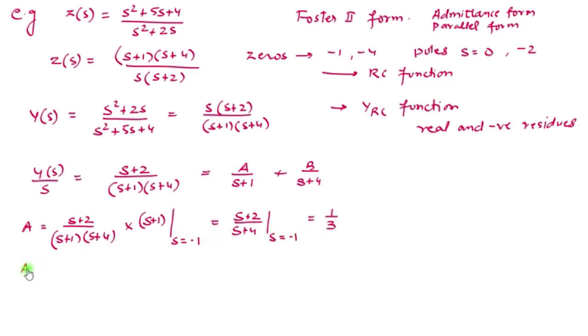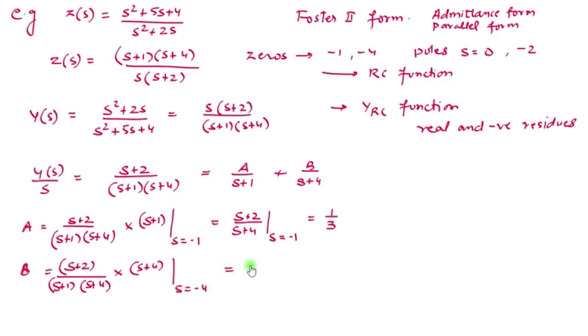Similarly, I will calculate the value of B. B will be multiplying this function, (s+2)/((s+1)(s+4)), with s+4 and substituting s equal to minus 4.